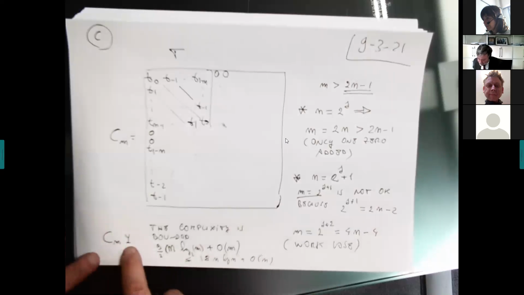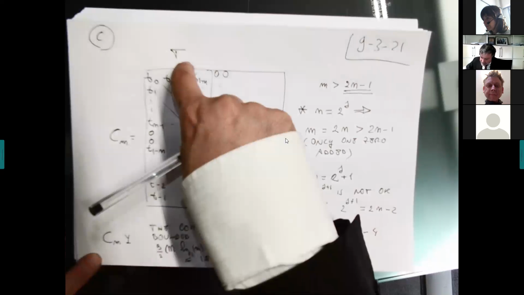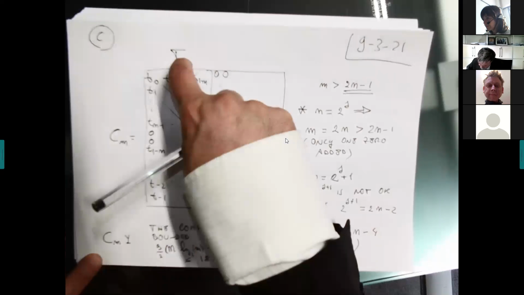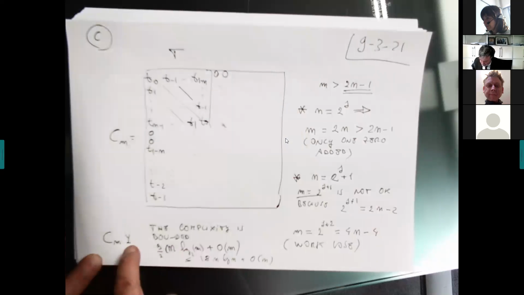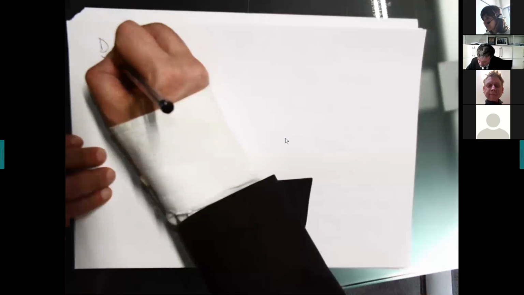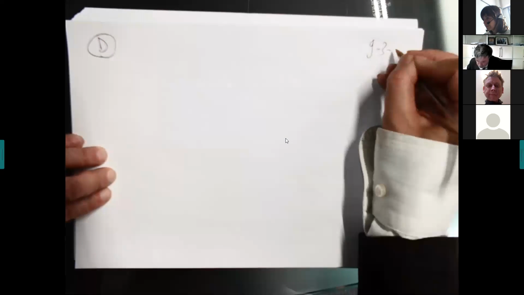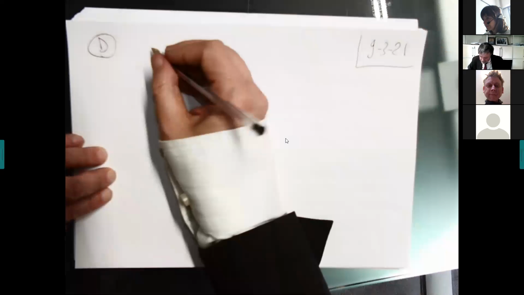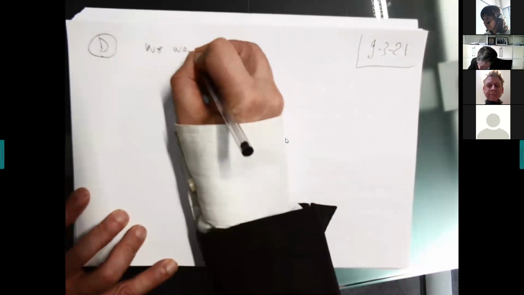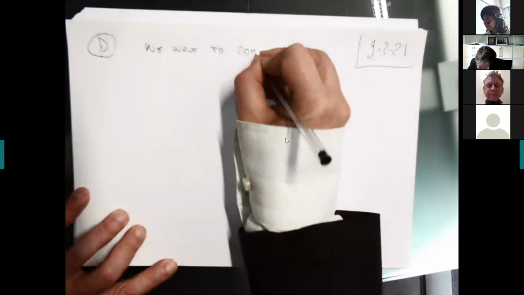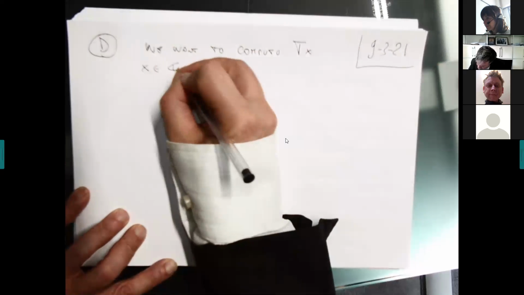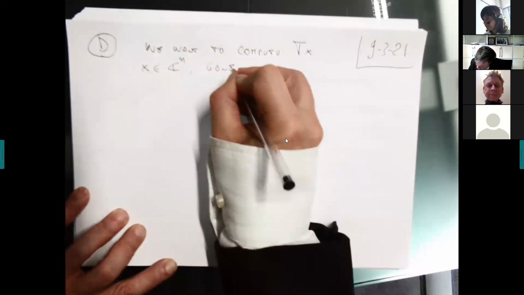But you don't want the circulant by a vector. You want the Toeplitz times a vector. So now, how to recover the Toeplitz times a vector? By this. So I go slow because it's good that you understand. So we want to compute T times X, X belonging to C^n, generic vector.